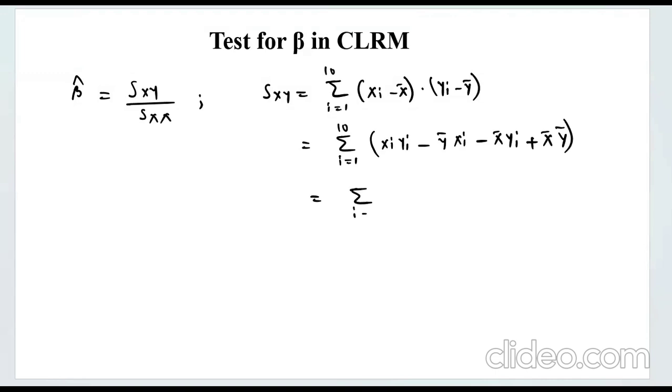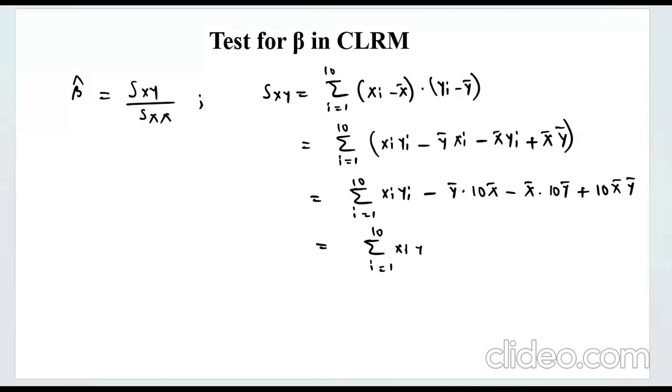So summation xi yi minus y bar times summation xi, which is n x bar, with n being 10, minus x bar times summation yi, which is 10 y bar, and then plus n x bar y bar. One x bar y bar cancels out, so you are left with summation xi yi minus n x bar y bar.